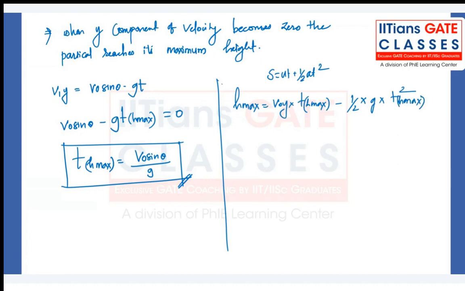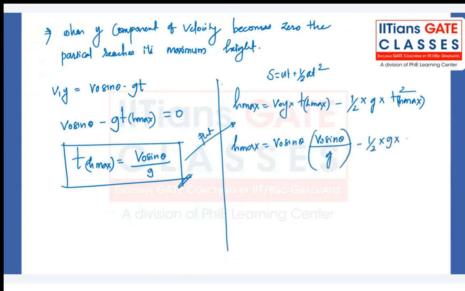So let's put this value here. H max is equal to v naught y, that is v naught sine of theta, and t for h max is again v naught sine theta by g, minus half into g into v naught sine theta by g whole square.